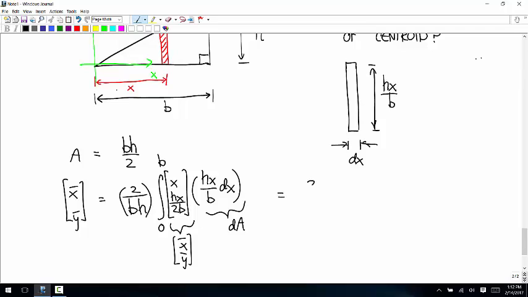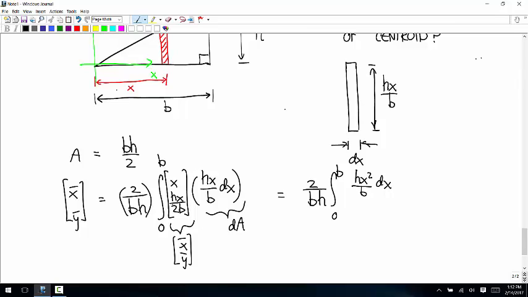And I can rewrite this. So 2 over b times h times the integral from 0 to b of hx squared. I'm just multiplying all of this through. Hx squared over b times dx.